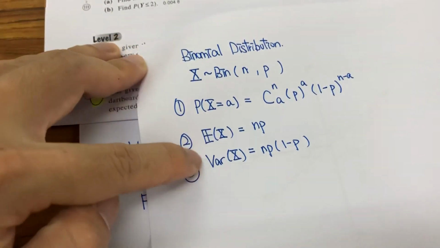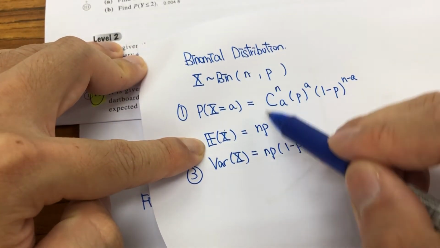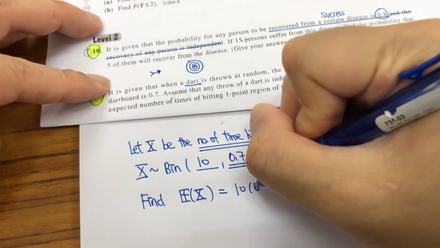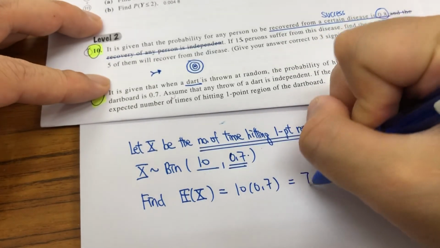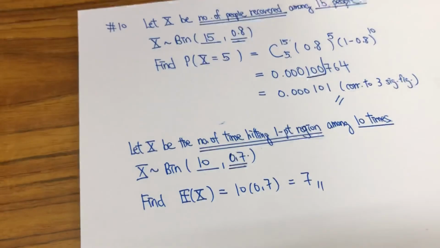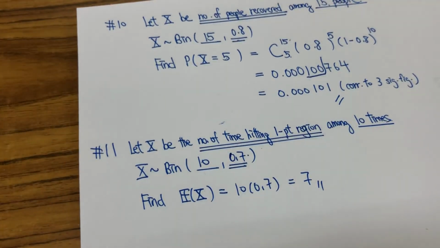Remember this? Expected number of X equal to n times p. So, just 10 times 0.7, which is 7. Okay? This is question number 11.